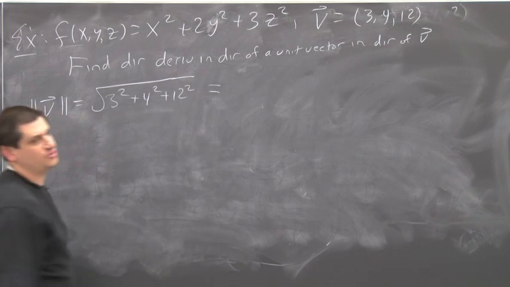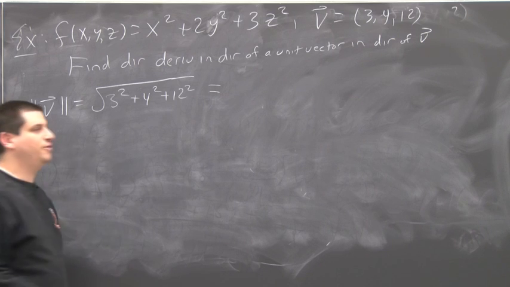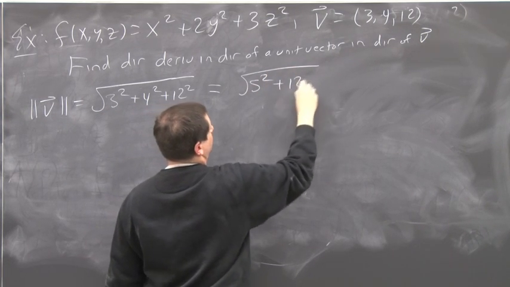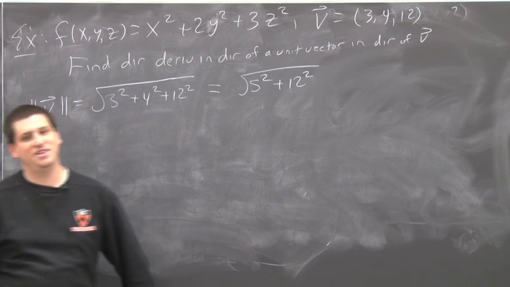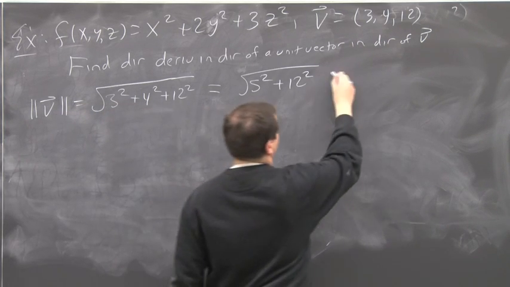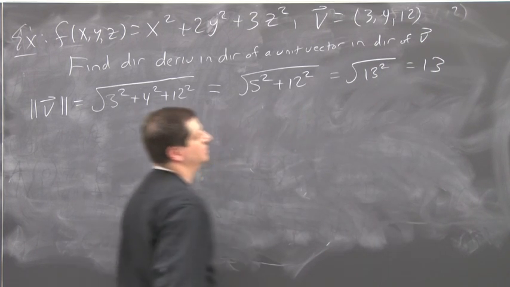You could calculate this directly and see it's the square root of 169. Well, I'm just going to show you how I made up these numbers. What's 3 squared plus 4 squared? 5 squared. I'm using the 3, 4, 5 triangle. So I have 5 squared plus 12 squared. This feeds into the 5, 12, 13 triangle. So this is really the square root of 13 squared, which is 13.